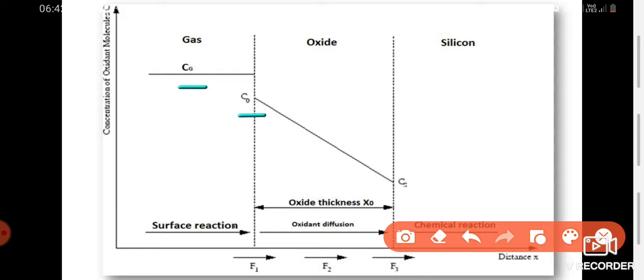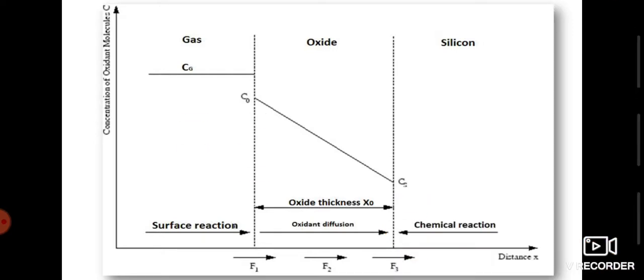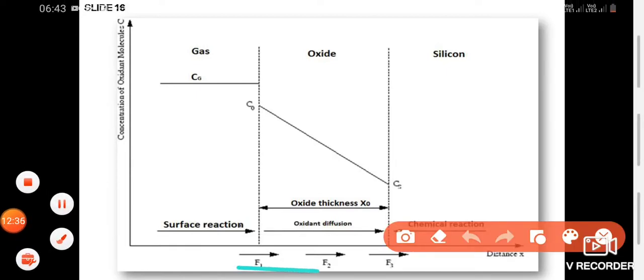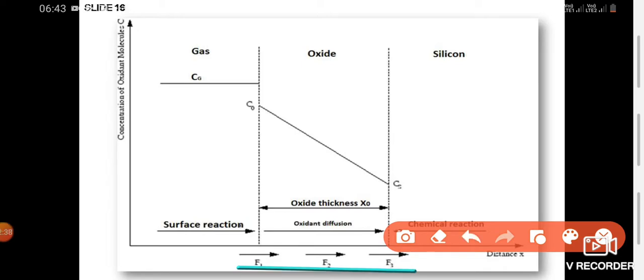As I already told you, Cg is the concentration of the oxidizing species in the gas, and thirdly, Cs is the concentration of the oxidizing species in the silicon. Now you should also note that F1, F2 and F3 are three different fluxes. Fluxes means these are the gas fluxes.